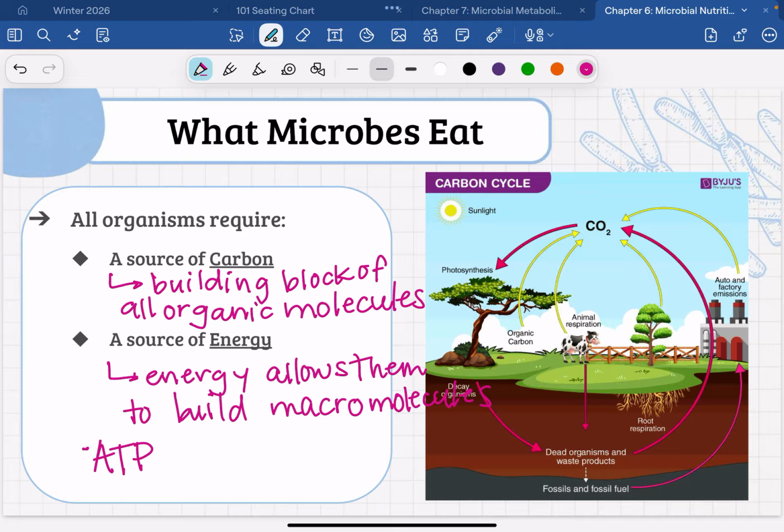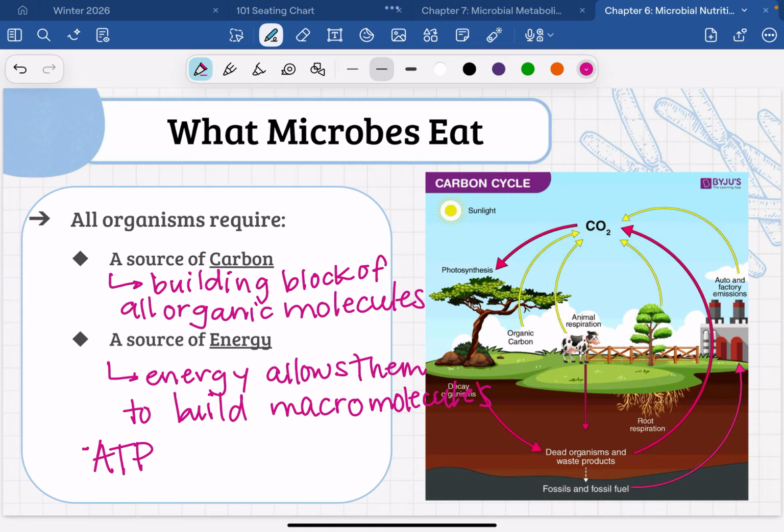ATP is the energy source for most organisms. That's what they use to build those macromolecules. It's how cells take those individual carbon molecules or those individual glucose molecules or those individual nucleic acids and put them all together to form these big, useful compounds.